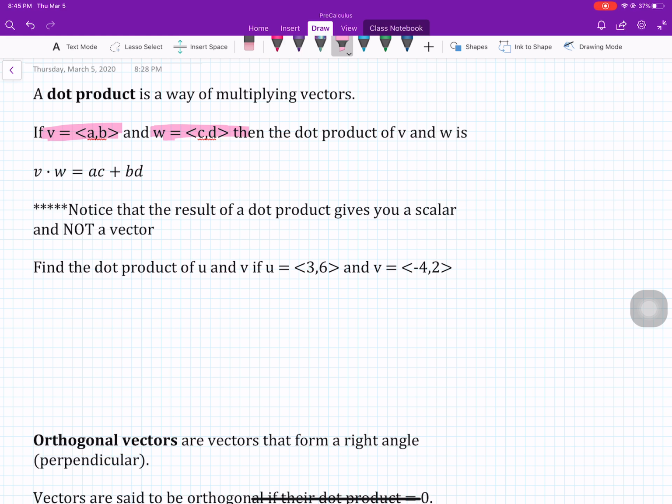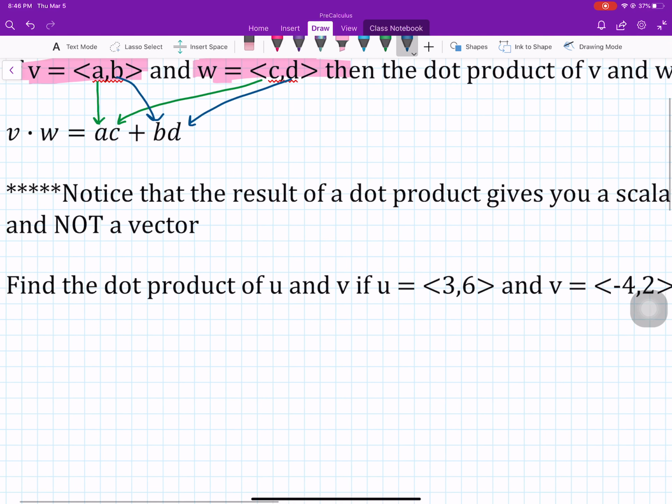When we calculate a dot product of two vectors, we are simply multiplying my x values together, then multiplying the y values together, signified by b and d, and then finding the sum.